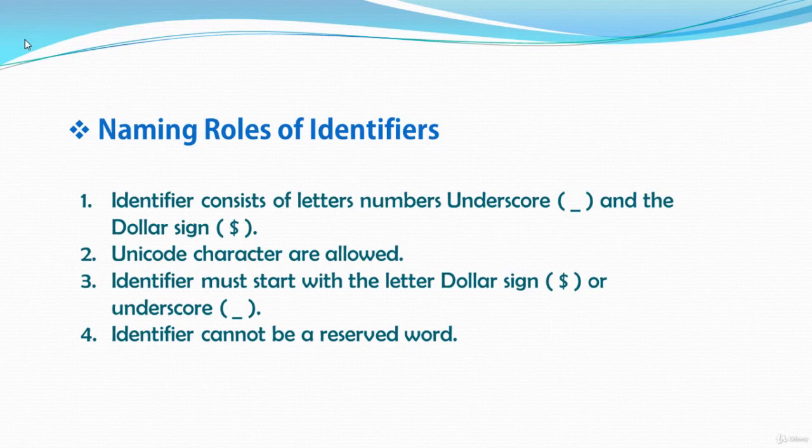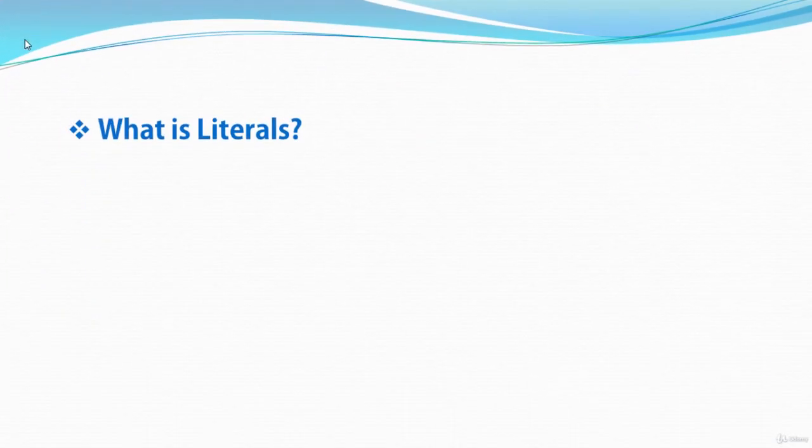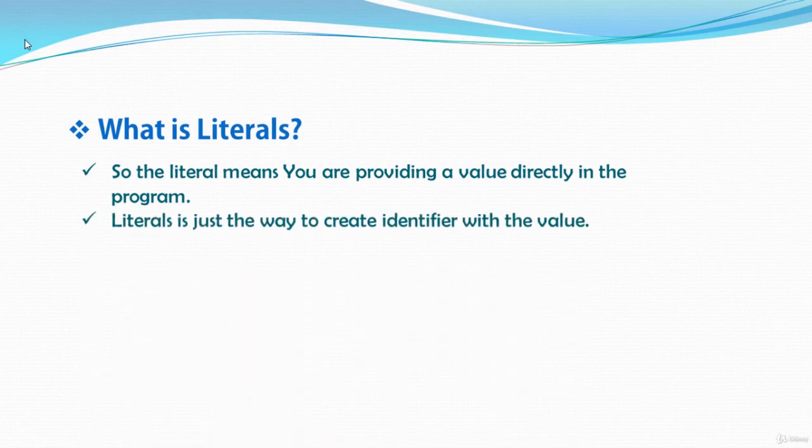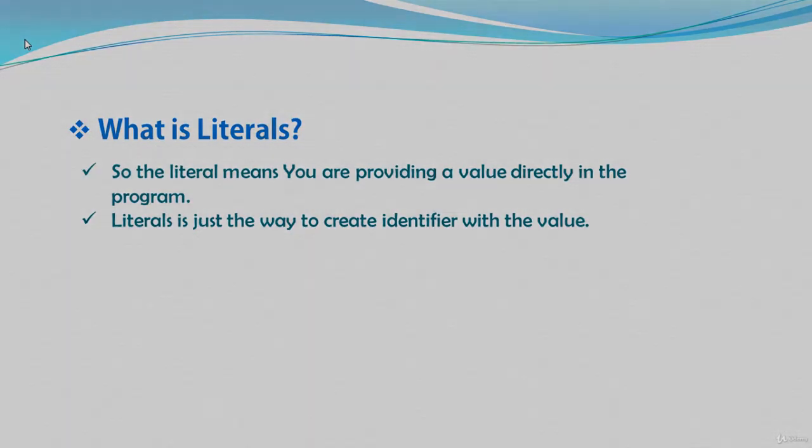Now, let me move to the next topic, literals. We already saw literals in the previous example, where we specified a variable name with numerical literals. So literals mean you are providing a value directly in the program. A literal is just a way to create an identifier with a value.